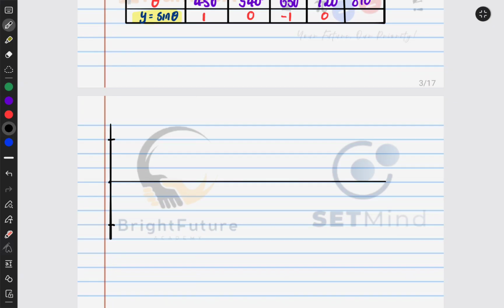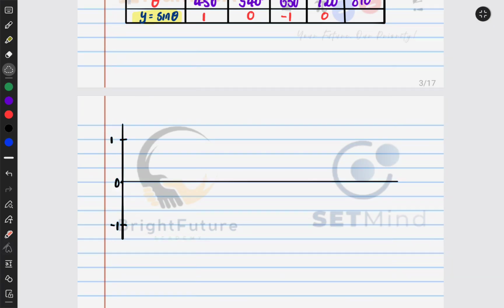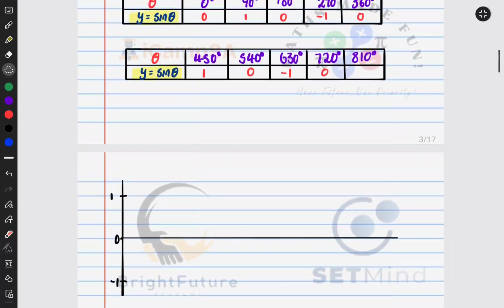Okay, let's use this as our 1. This is our -1. This is 0. We have 0 here. We have 1, and then we have -1 here. Okay, and then let's calibrate the data axis. We're going to have 90, 180, 270, 360, 450, 540, 630, 720.